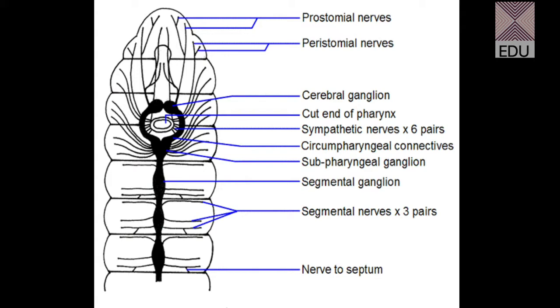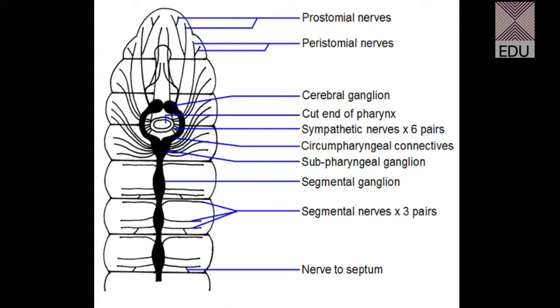If we talk generally about the whole nervous system of earthworm once again, it was divided into three parts. First was the central nervous system, composed of a ring and a ventral nerve cord. Second was the peripheral nervous system, which consists of the prostomial nerves, peristomial, second, third, and fourth nerves. Then we have the segmental nerves, in three pairs.